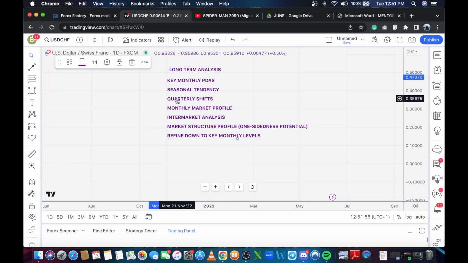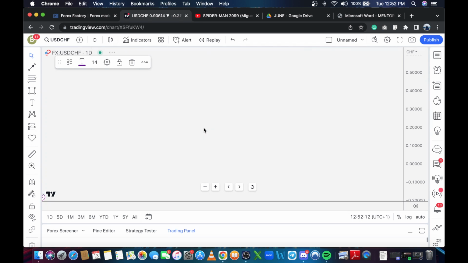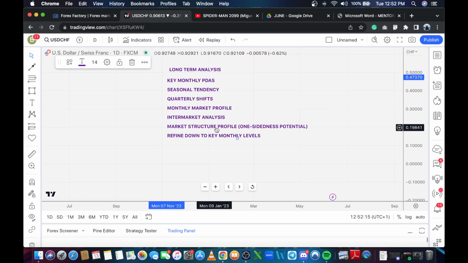Okay, does that align with our monthly market maker profile? And that market maker profile means, is the market poised to see continuation in terms of expansion, or are we poised to see some kind of reversal in price, which we should utilize to confirm with market structure profile. Market structure profile, we're essentially considering liquidity and relative strength, and also SMT.